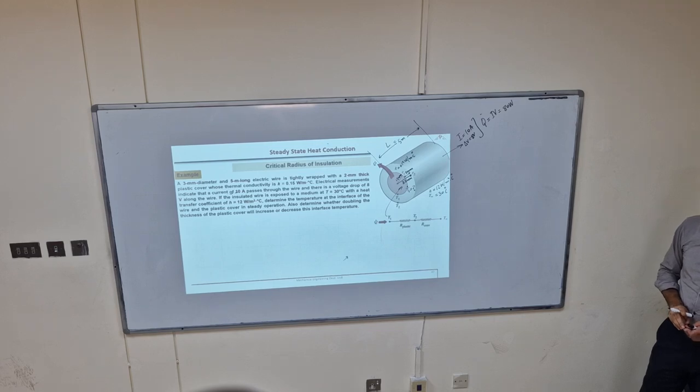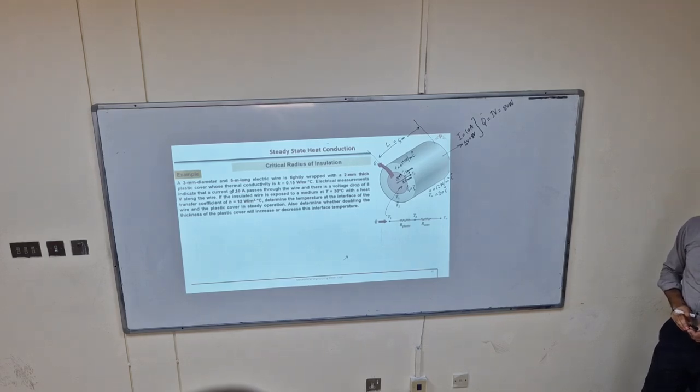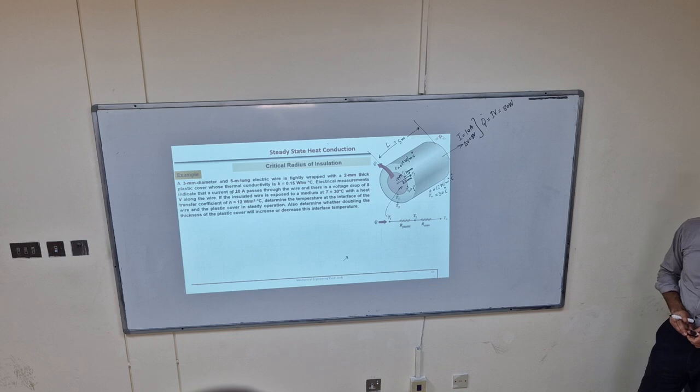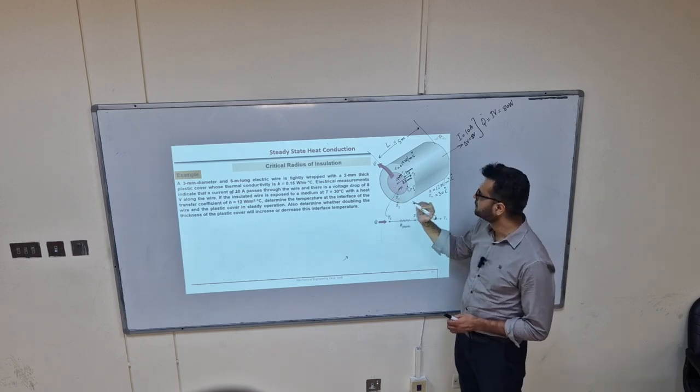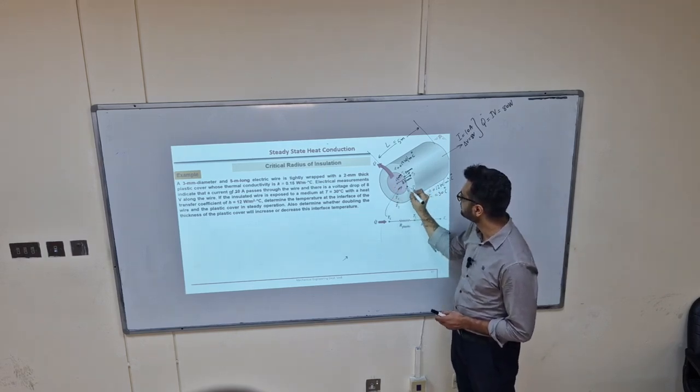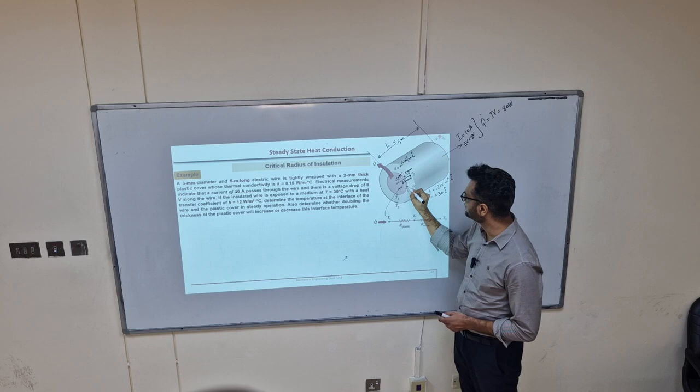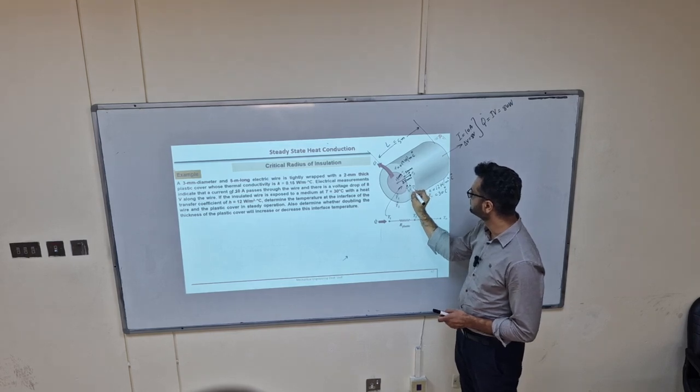So before we find that temperature, we have the first radius as R1. Before we go to the insulation, we should consider the thermal conductivity of the wire only. Actually, we are starting from the boundary of the wire.